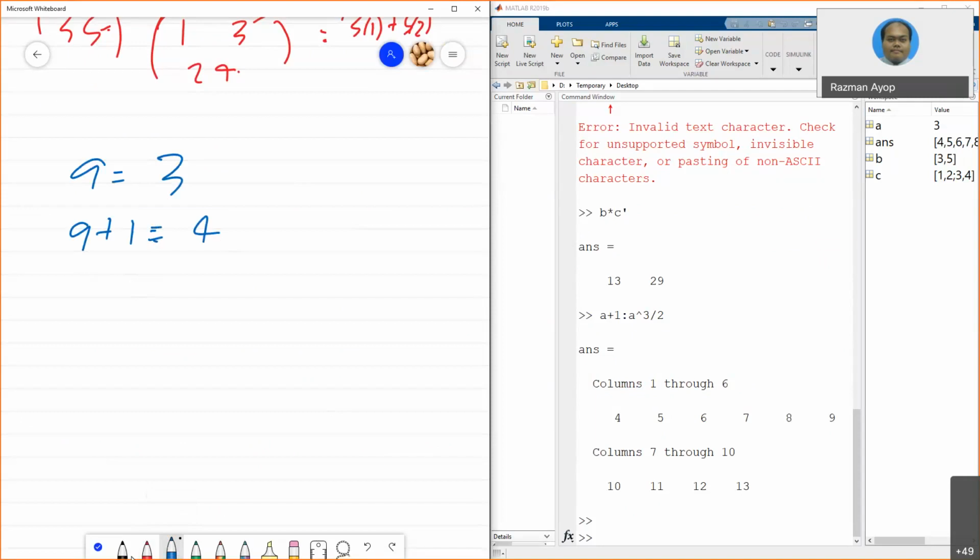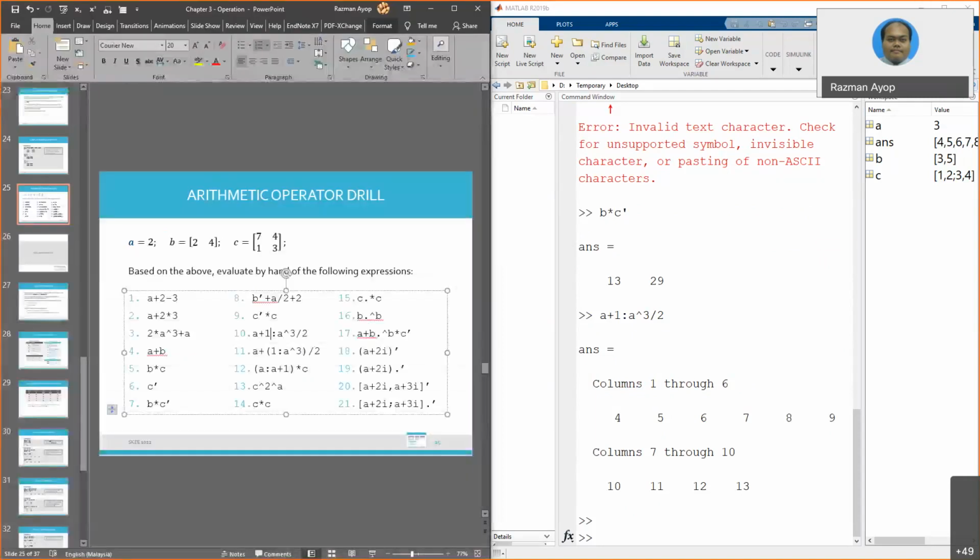And then this one, A power of 3 divided by 2. So this one is just 3 power of 3 divided by 2. Means that 3 power of 3 is 9, and then divided by 2.